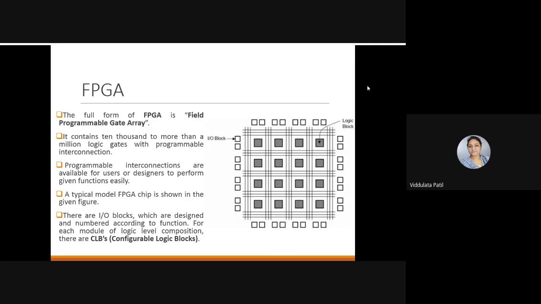So here there are configurable logic blocks available, and input and output blocks that you can configure depending on your program, and then you can easily perform any function on this FPGA. So this is a field programmable gate array.